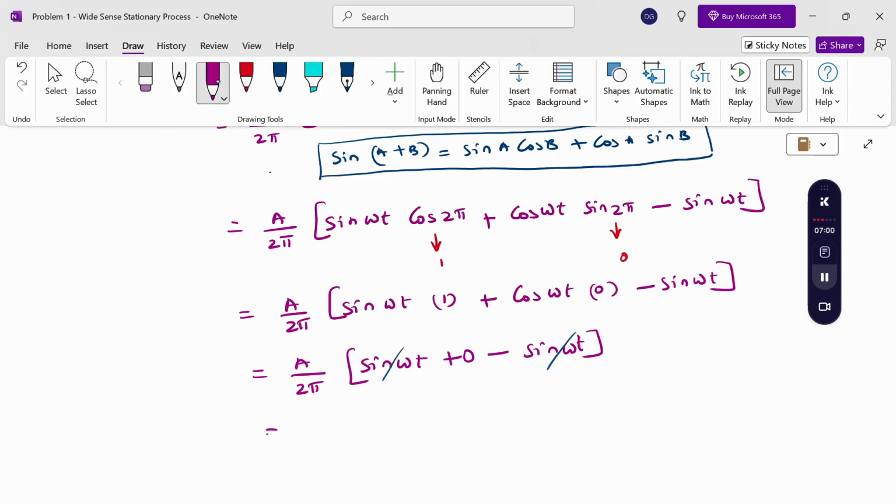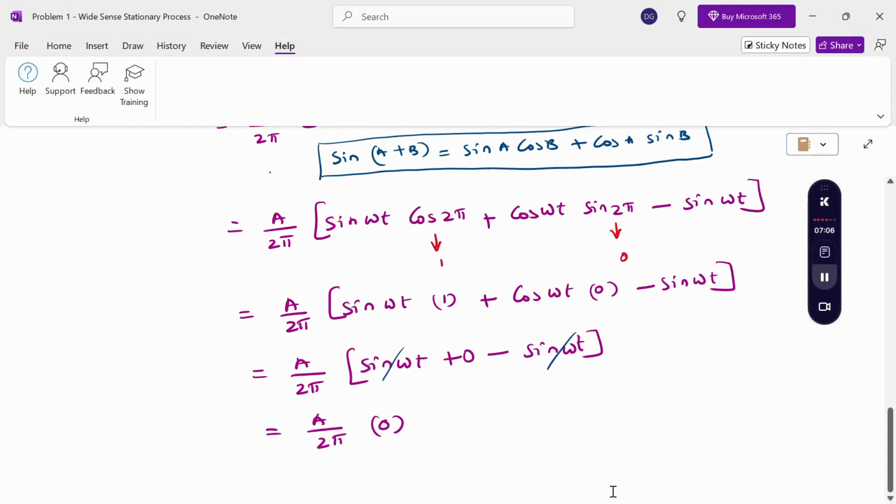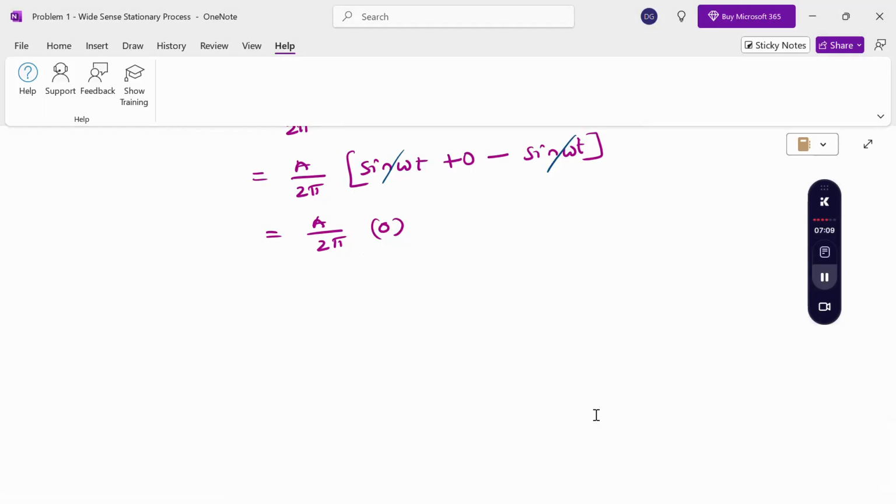Therefore the value is A/2π times 0, and 0 multiplied by any term is 0. Therefore the expectation of X(t) is 0, a constant. The first condition is satisfied.